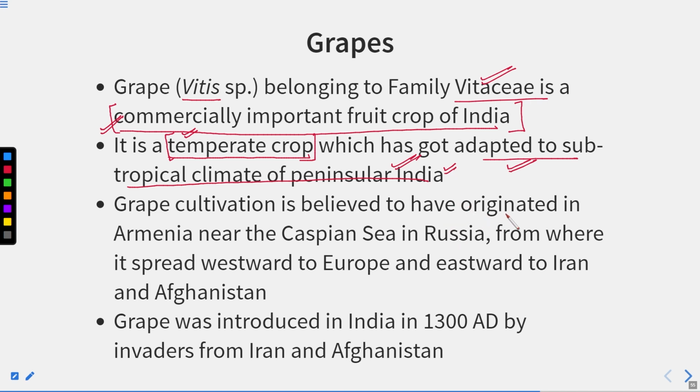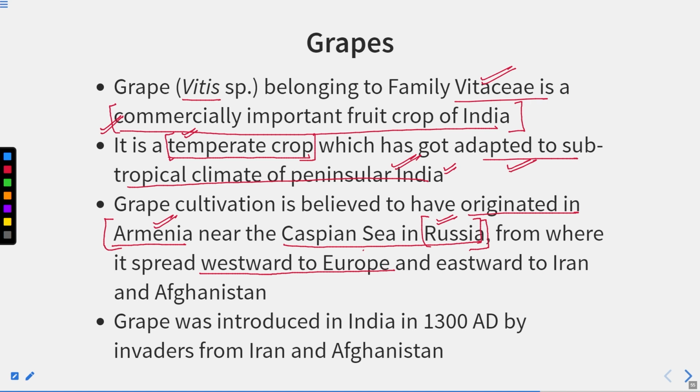Now, where has it originated? The grape plant originated in Armenia, near the Caspian Sea in Russia. This is the place where this crop originated, and from here it spread westward to Europe.